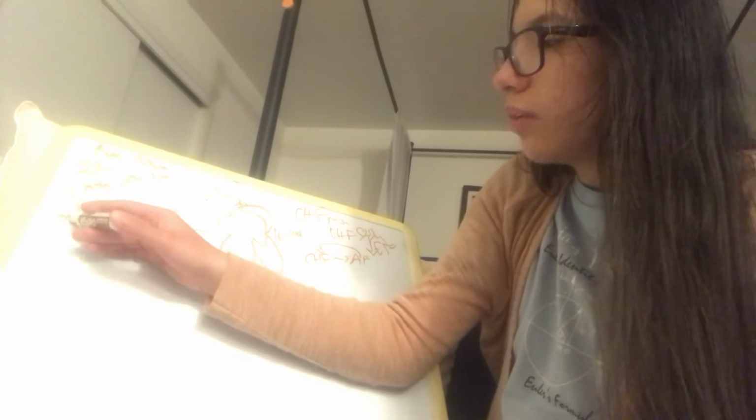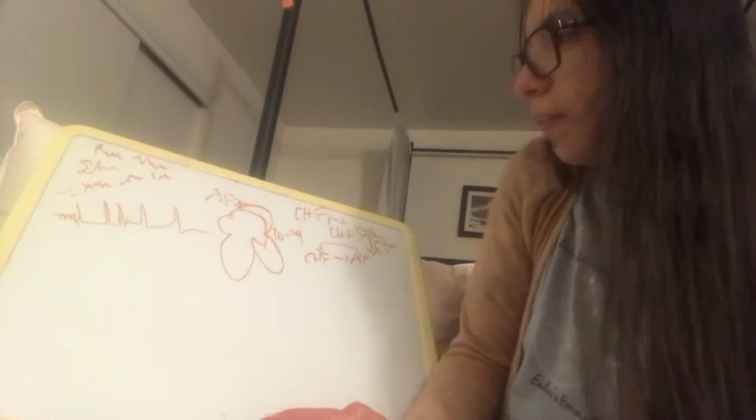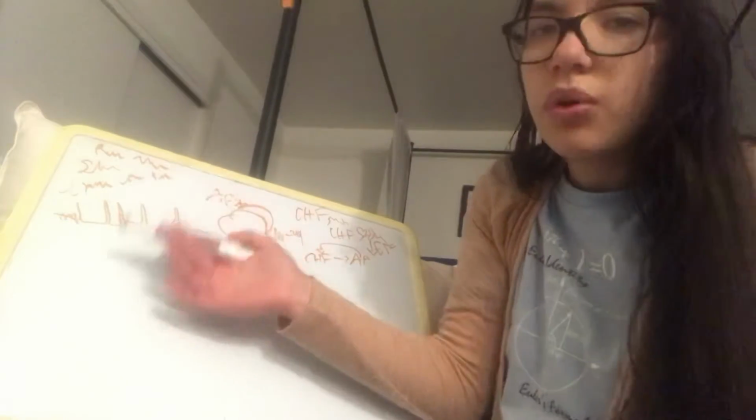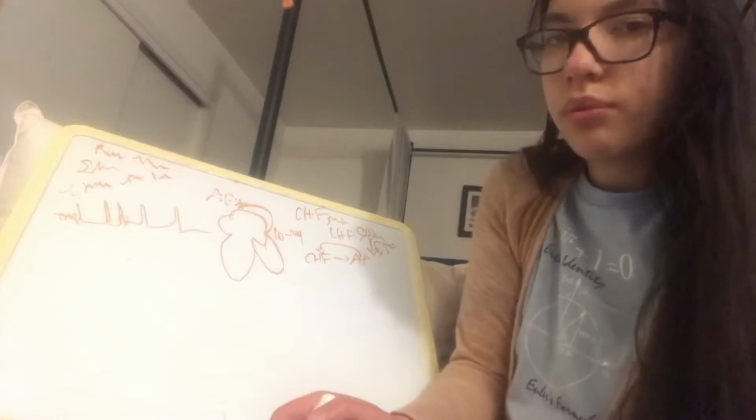The F waves are like many small P waves, and we can see them or not see them, but we don't call them P waves, we call them F waves.